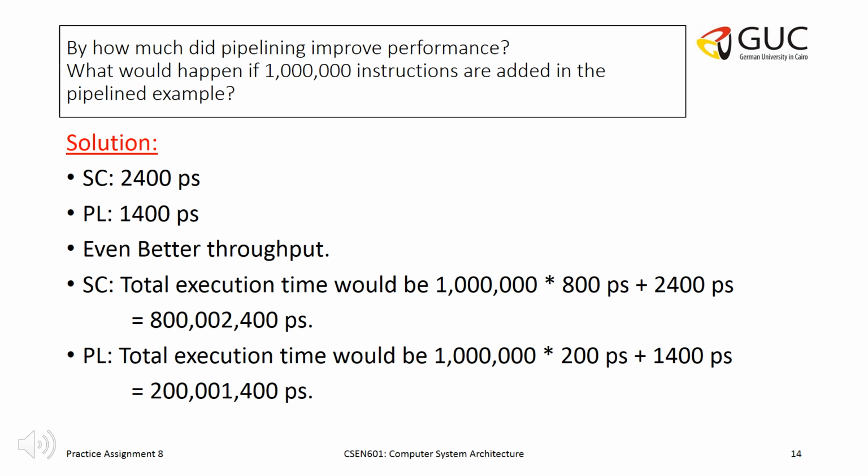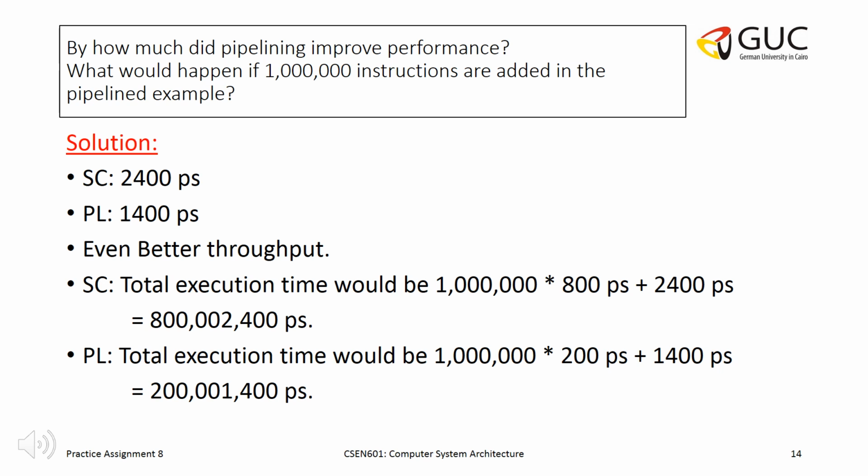While in the pipeline version, if you see the graph in the last slide, you will know that it takes 7 stages, and each stage takes 200 picoseconds. So 7 multiplied by 200 means it takes 1,400 picoseconds.